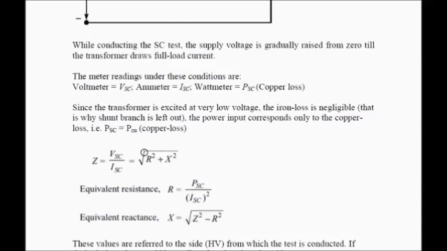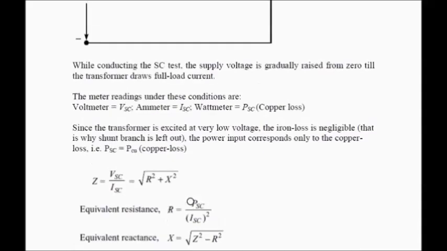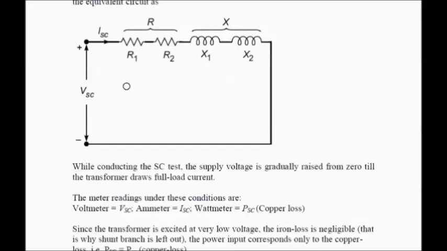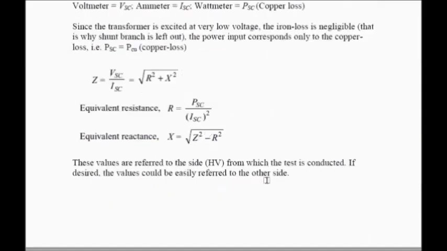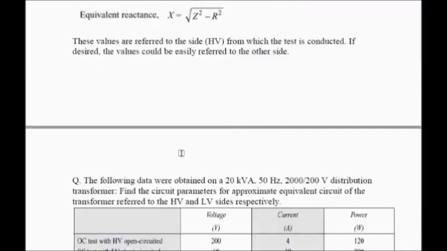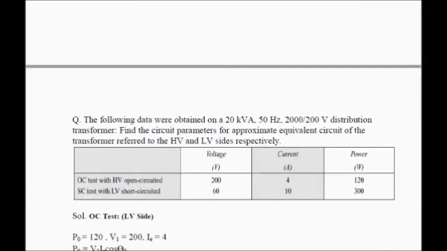So I have R and X equivalent when referred to the high voltage side. So this is all about OC and SC test. Next we will see an example on this.